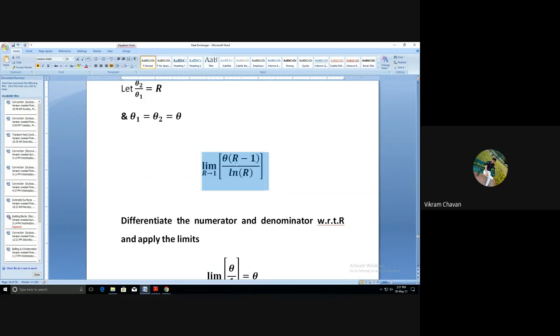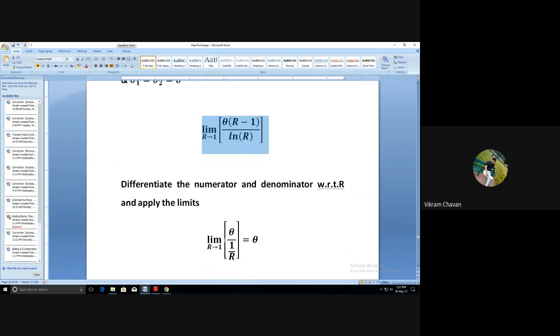Differentiation of theta multiplied by r is only theta, and minus theta differentiation with respect to r will become 0. So in the numerator we will get only theta, and differentiation of ln of r with respect to r is 1 upon r, so in the denominator you will get 1 upon r.